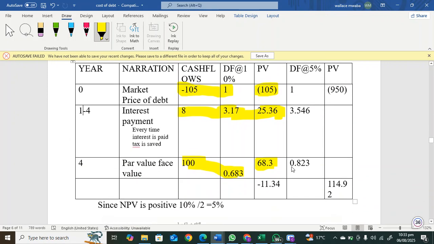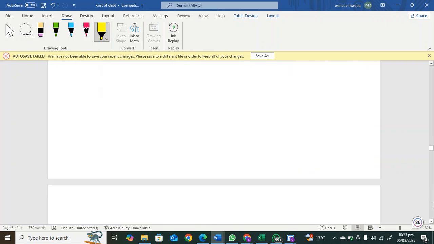And then for the final year, you go to your present value table. The reason why I was using the annuity table is because interest payments are like an annuity.